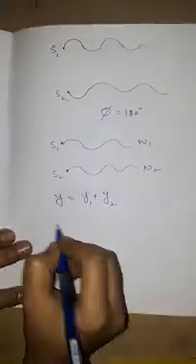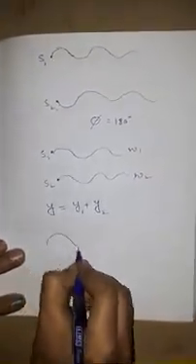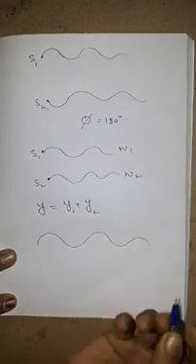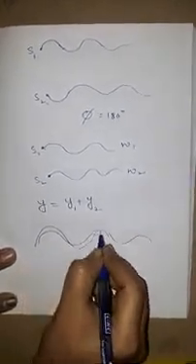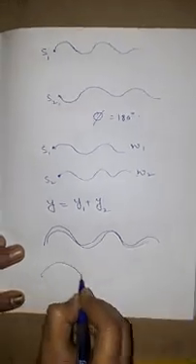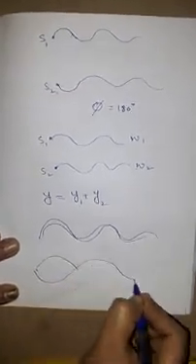Now, what is interference of light? When two or more light waves are superimposed, one crest falls on another crest, or a crest falls on a trough, like this.